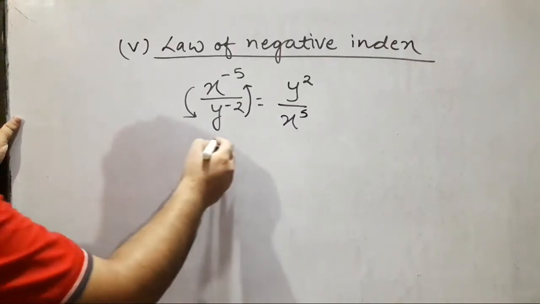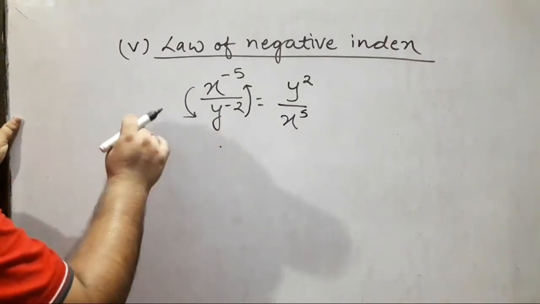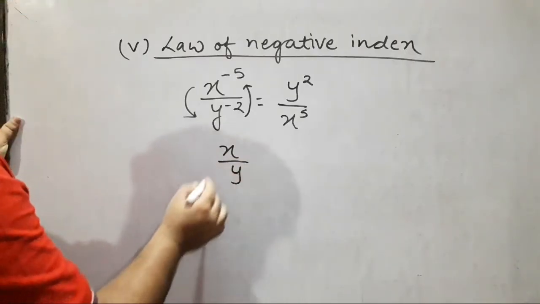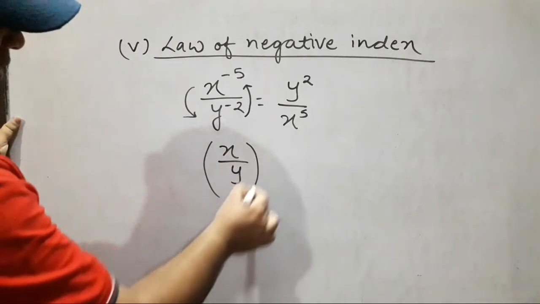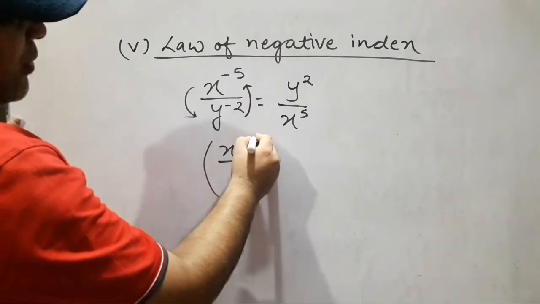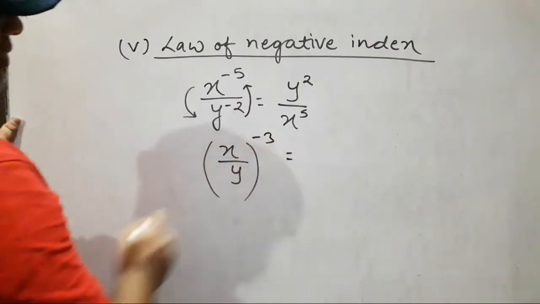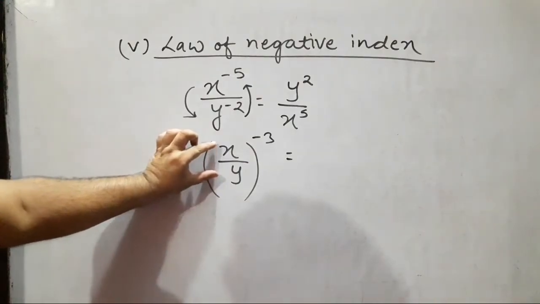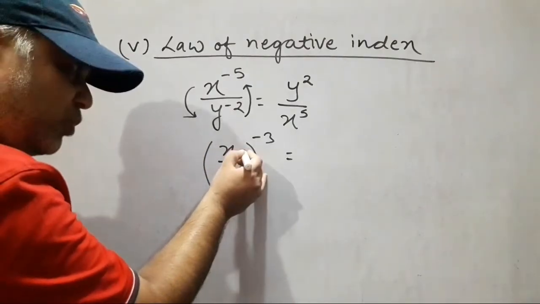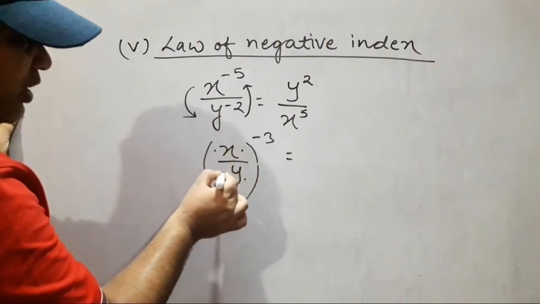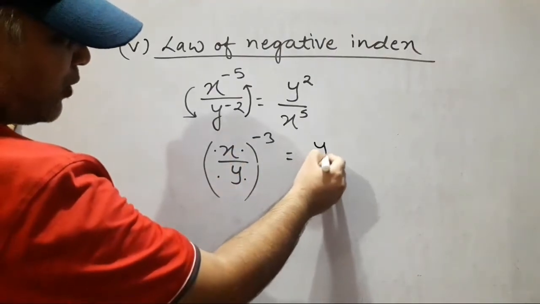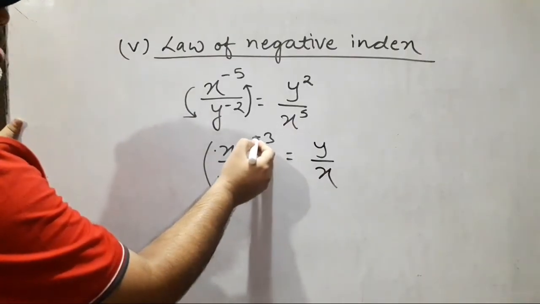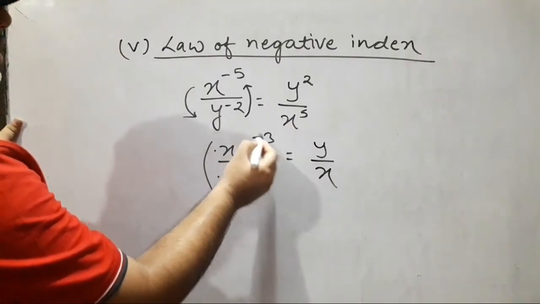Similarly, if two bases are under the same bracket, x by y, under the same bracket with power minus 3. Now if I change the position of these bases, y will go in the numerator and x will come in the denominator, y by x, then the sign of the power will be altered.